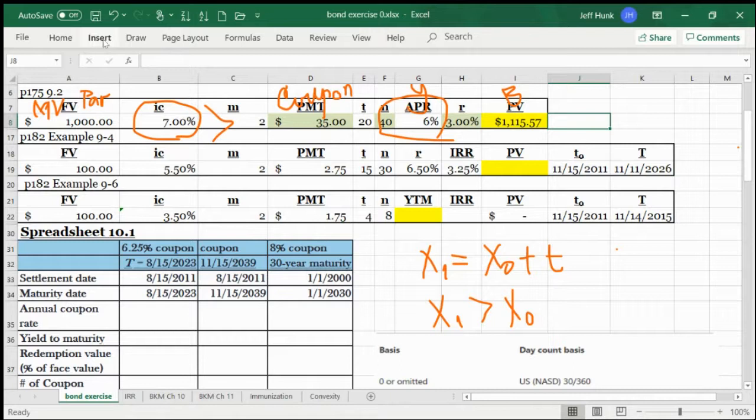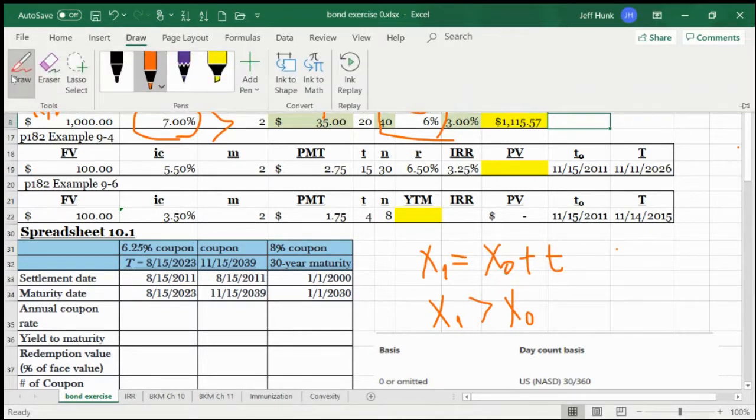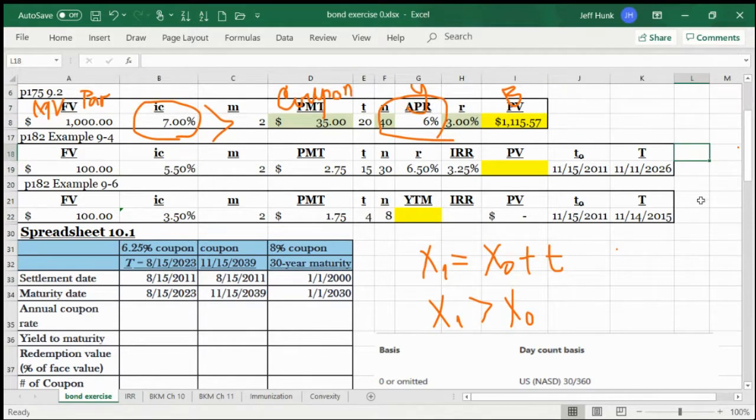Now, there are other examples, sometimes. As I said, bond prices are expressed as a percentage of the par value.